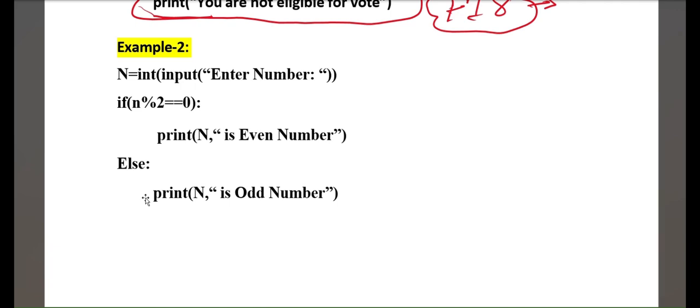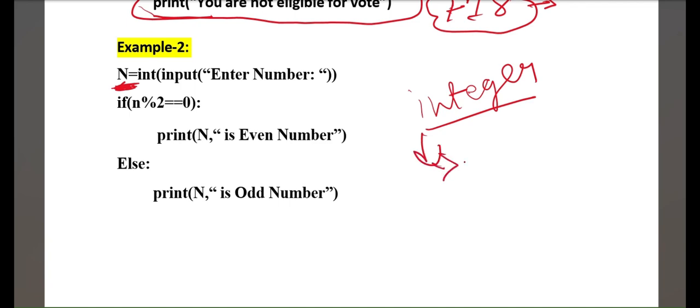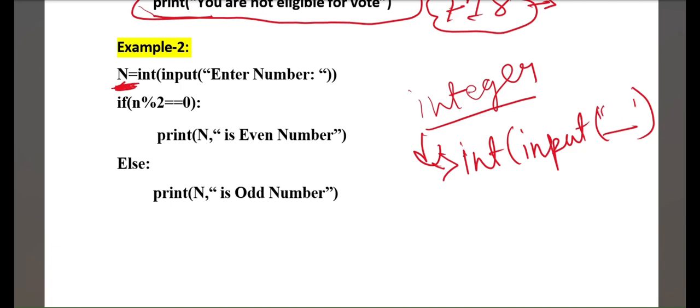Here the user is taking any number as input. I have already told you that if you are taking an integer as input, then the sequence of taking input should be like int, then input, then here whatever you want. This is the syntax of taking an integer as input.